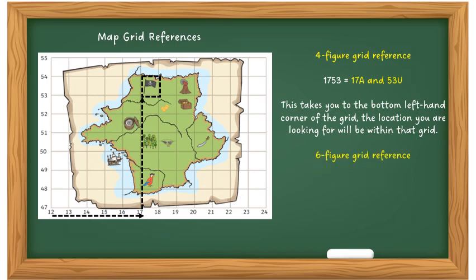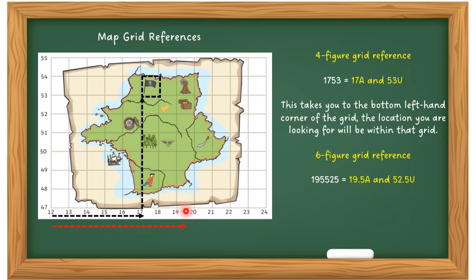But what about the 6-figure grid reference? Well, the same rules apply, but this takes you directly to where you want to go. You take the 6-figure reference and again split it into 2: 195 and then 252. For 195 you go along the corridor, and 195 just means 19.5 across.